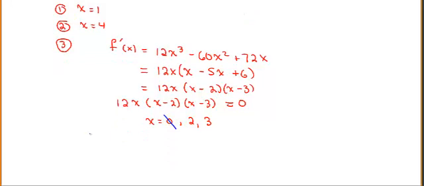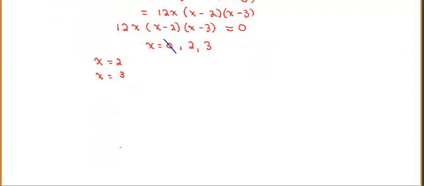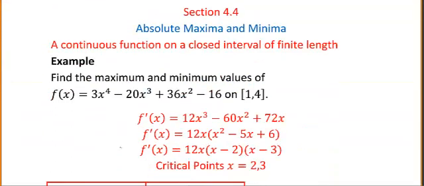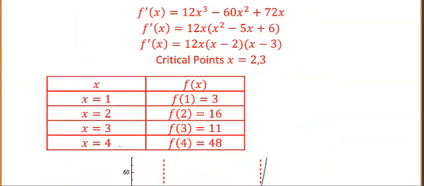So we have the 2 values, x is equal to 2 and x is equal to 3. I think on the next page I've evaluated all these so I didn't make a mistake. So we have x is equal to 1, the left end, x is equal to 4, the right end, and x is equal to 2 and 3, the critical points in between.